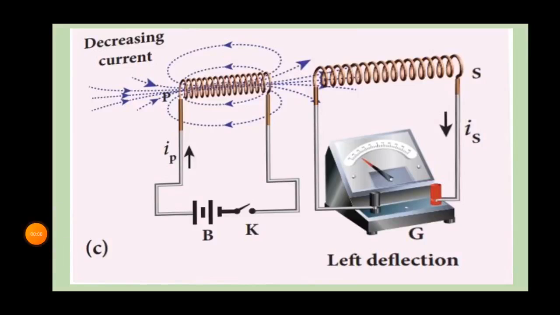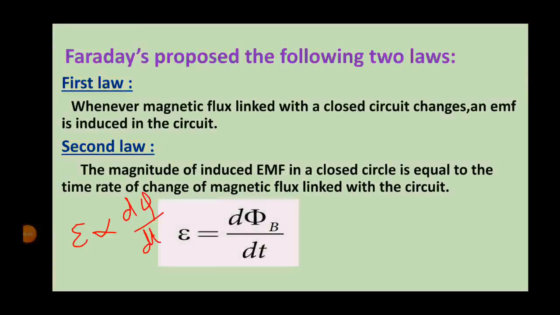Next, based on these studies on the phenomenon of electromagnetic induction, Faraday proposed the following two laws: Faraday's first law and second law. Now listen, Faraday's first law: whenever the amount of magnetic flux linked with a closed circuit changes, an EMF is induced in the circuit.